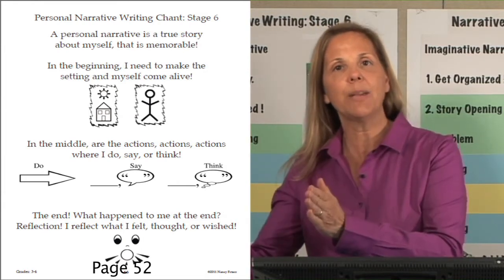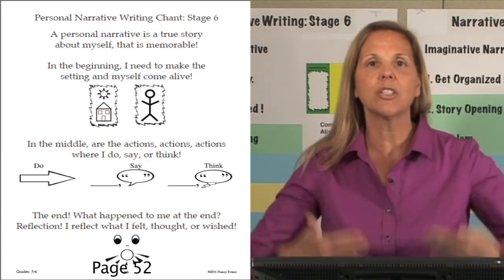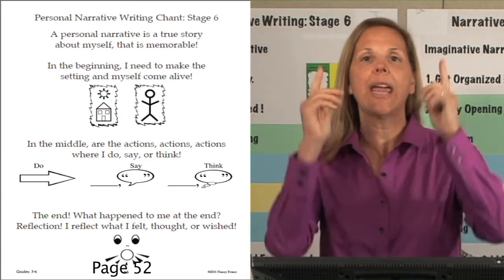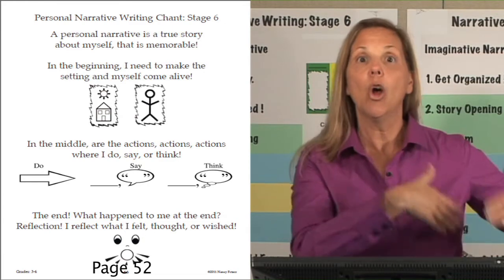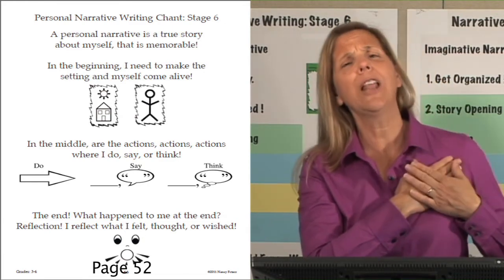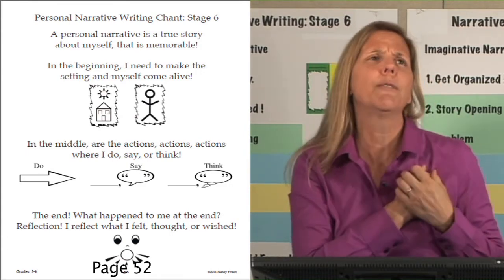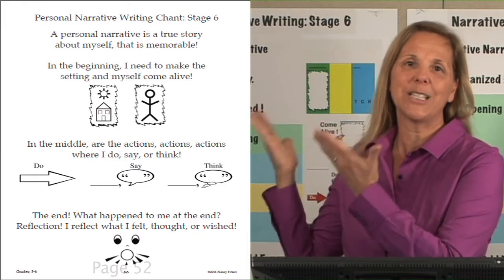Once we come alive in the beginning, then we'll go to the middle. In the middle are actions, actions, actions, where I do, say, and think. The end, what happened to me at the end of the story. And then reflection. What did I think, wish, or feel after this experience?